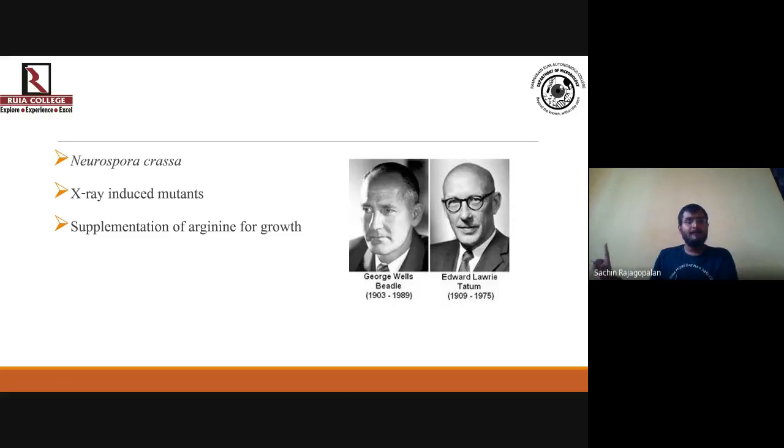So none of these 5 will be able to grow until and unless you provide them arginine. Are you understanding this? So you have made them auxotrophs, the word that Nitin sir used yesterday. You will not be able to cultivate these cells until and unless you provide them this nutrient, because they have lost the ability to synthesize this nutrient on their own.